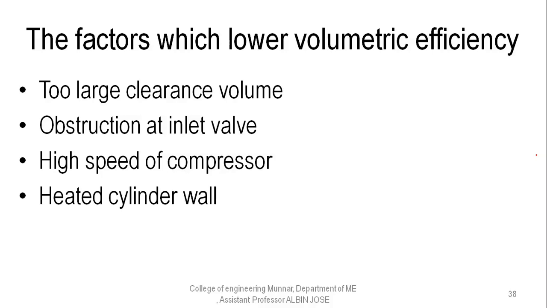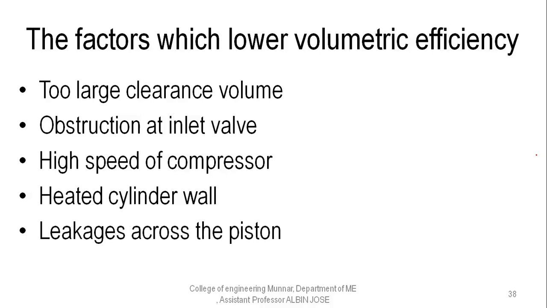If the cylinder walls contain a large amount of heat, or their temperature is very high, then the amount of air sucked from the ambient atmosphere will be reduced. Then leakage across the piston. This is due to damage in the piston cylinder arrangement. If there is any leakage across the piston, then the volumetric efficiency will be reduced.